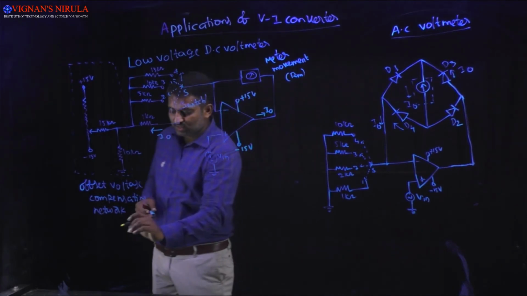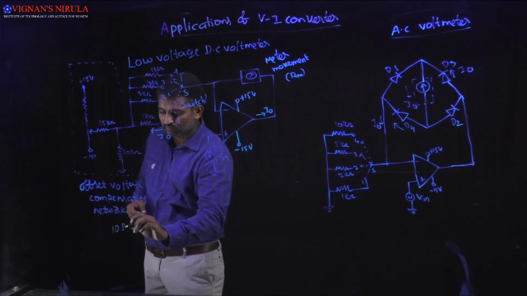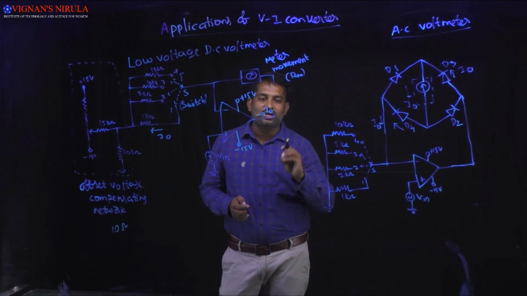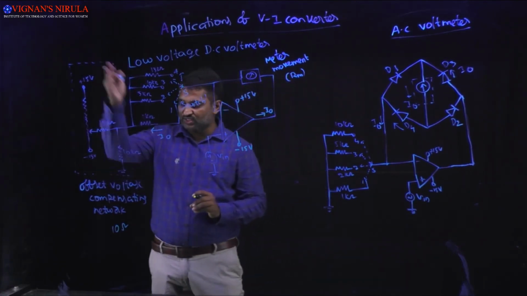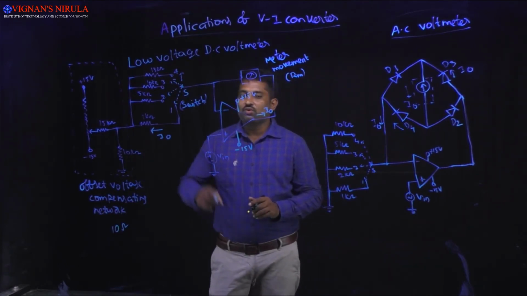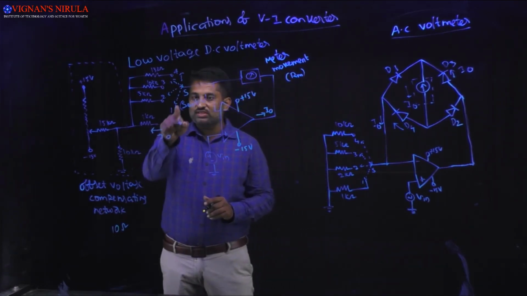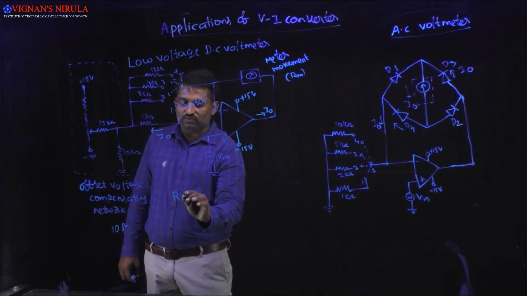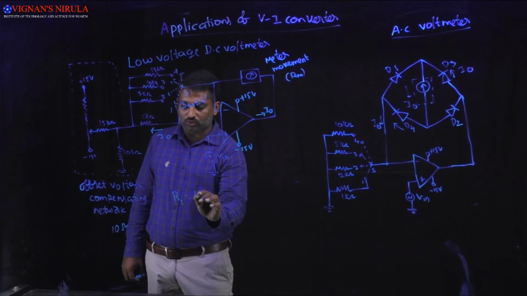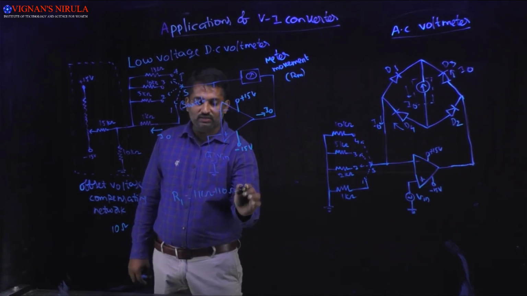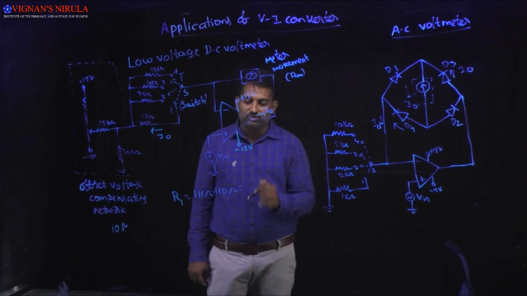The effective equivalent Thevenin's value for this compensation network is 10 ohms. Now, when the switch position is at 1, then the resistance R1 will be equal to 1 kilo ohm plus 10 ohms, and 10 ohms is very small when compared with 1 kilo ohm.